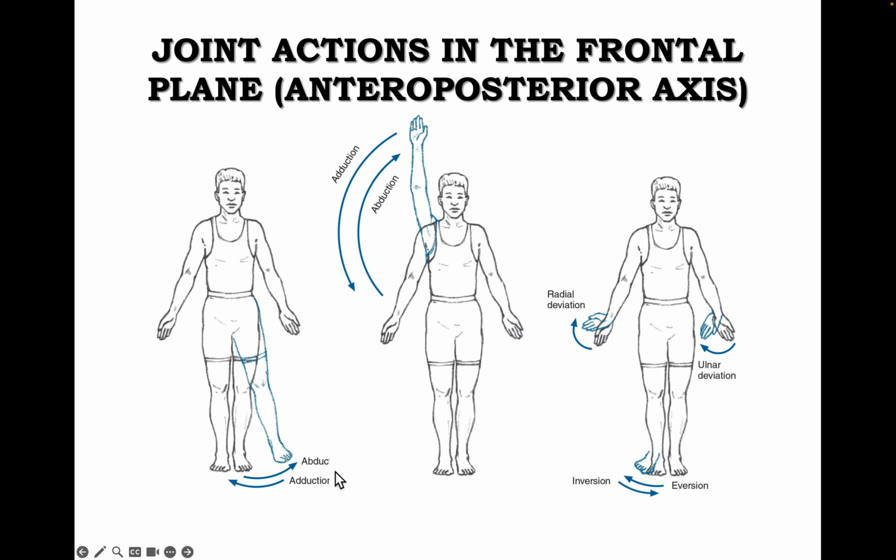I apologize, that got cut off there. Abduction, being abducted by aliens. This comes away from the midline of the body. So here's my midline of my body. The leg is kicking out away. So this would be hip abduction. Bringing the leg in would be considered hip adduction, adding in to the midline of your body.